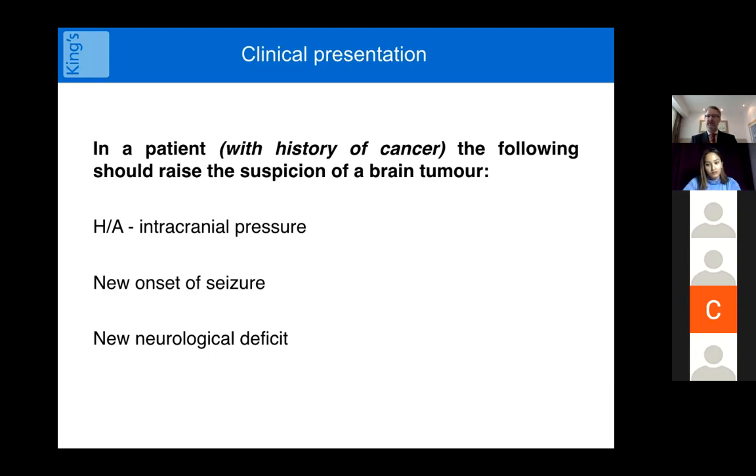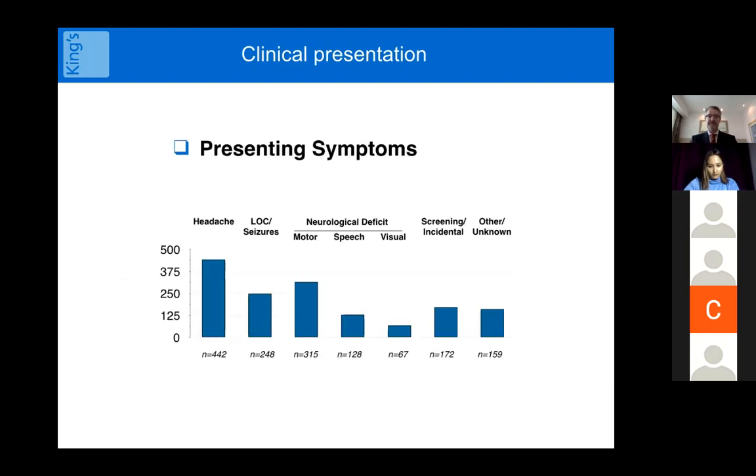Onset of seizure, so a new onset of seizure in adult life should always be investigated, and a brain tumor should be ruled out, or the onset of a new neurological deficit. And these are the presenting symptoms, again, from the study that we did, in this case on the brain metastasis. As you can see, the majority of patients presented with a headache, followed by seizures and neurological deficit.